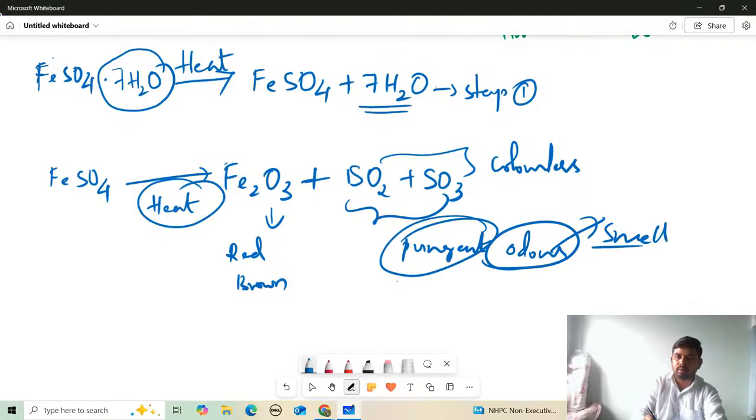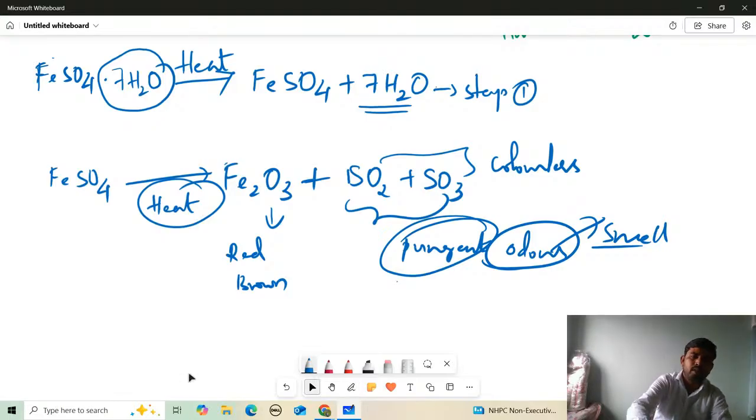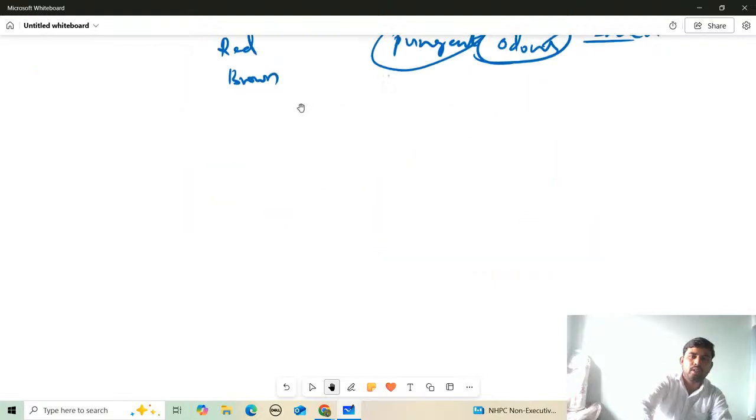So this is also an example of a thermal decomposition reaction.